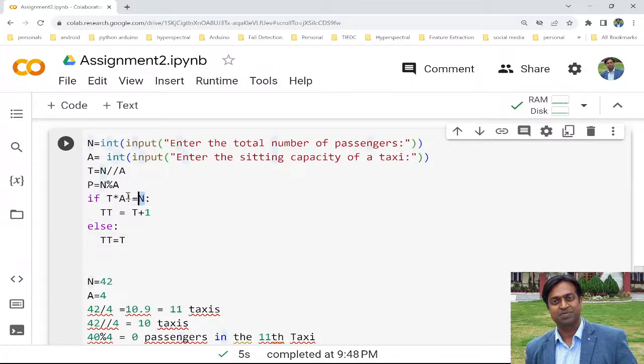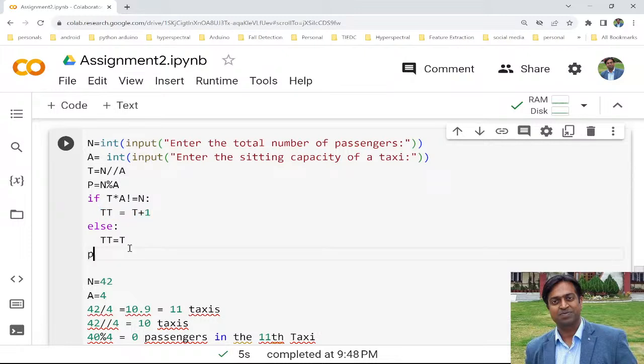So if this is true, this means if total taxis into the capacity of the taxi is equal to the total number of passengers going, then in that case TT, the total taxis required, will be T. Otherwise total taxis required will be T plus 1, right?